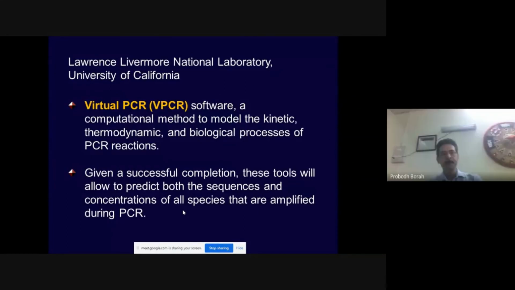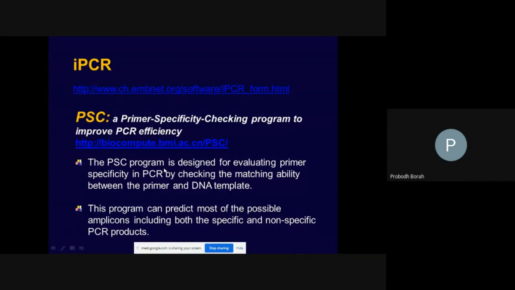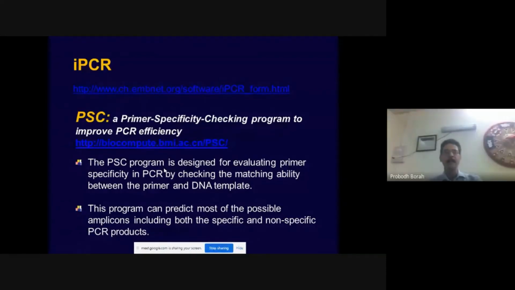Many things are yet to be developed. Similarly, two more platforms are available, IPCR and PSC. We will not go into detail about all of them. We will restrict our discussion to the use of in silico PCR in the practical class.